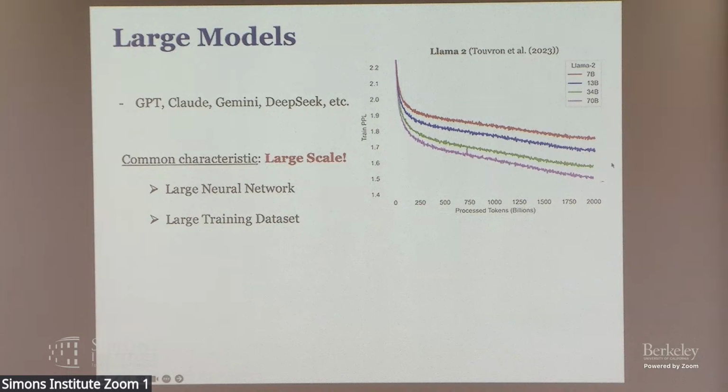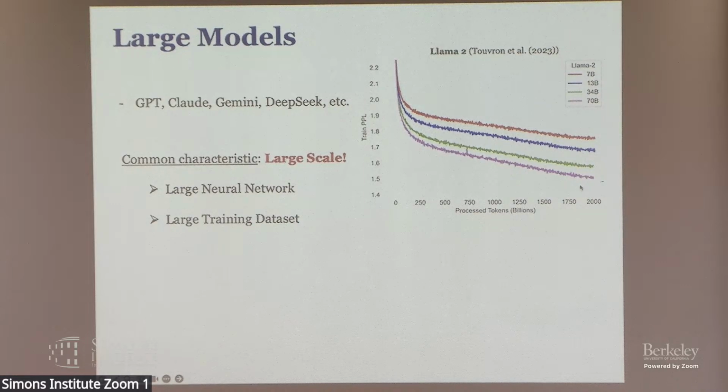This is a plot from the Llama 2 paper, which shows the effect of scale, both in the size of the neural network and the size of the training data set. The x-axis is the size of the training data set, and the maximum is around 2 trillion. The color code is the size of the model, from 7 billion parameters to 70 billion parameters.